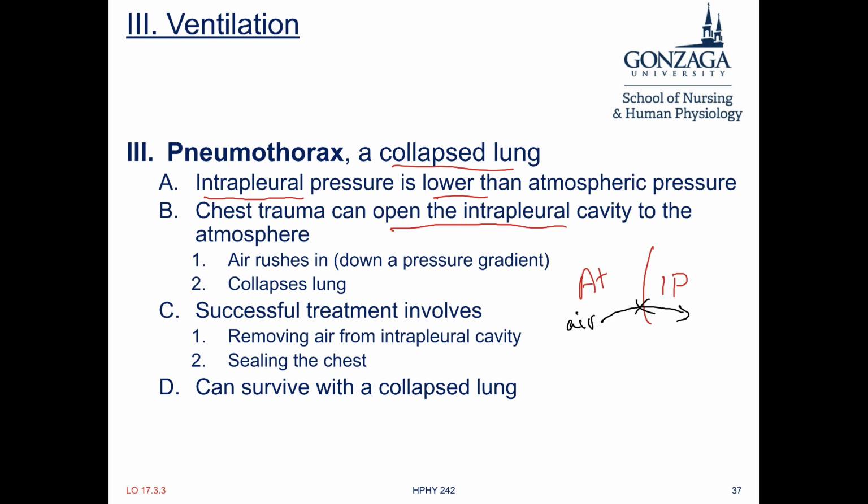So the point here is that it's a compromise in the intrapleural pressure, and to treat a pneumothorax, basically what you have to do is remove the excess air from that intrapleural cavity, and then repair that wound, that puncture, that compromise in the chest wall, in order to seal off the chest cavity again.